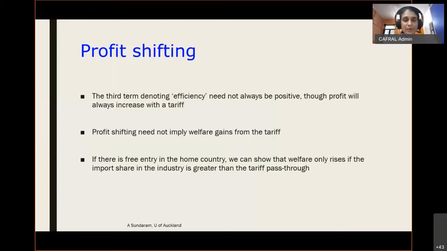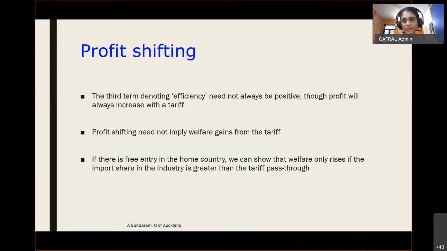Then we said, what if it's not a perfectly competitive environment? What if there's a monopoly situation, or indeed a duopoly situation, where you have a foreign firm competing with a domestic firm? In all of those situations, as long as certain conditions are satisfied, for instance, you have a linear demand curve, marginal revenue sloping down, as long as those pretty basic assumptions are valid, then you are going to have a terms of trade effect. So that second term is going to be operational at that point.